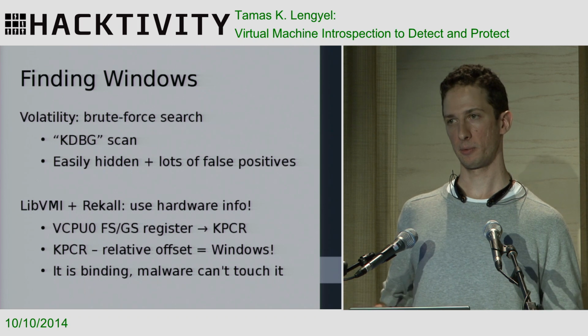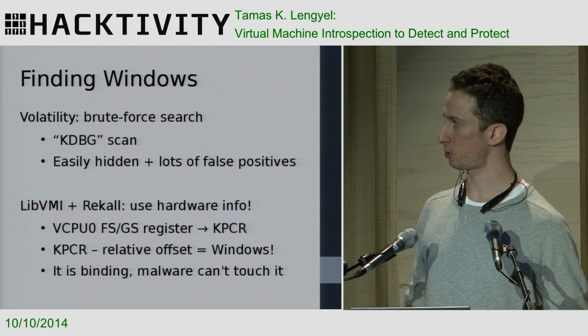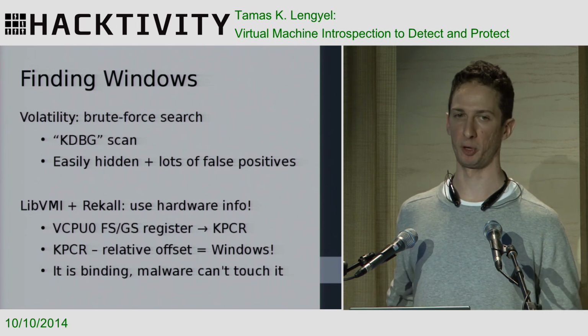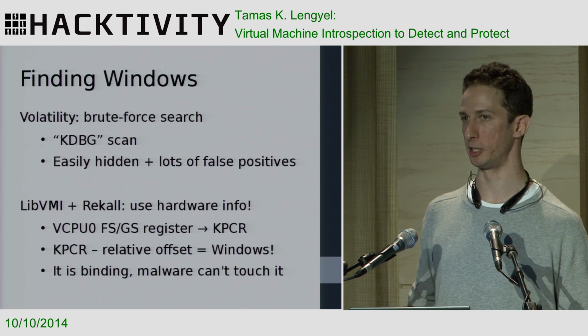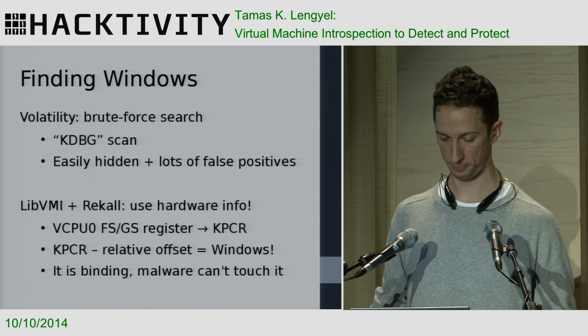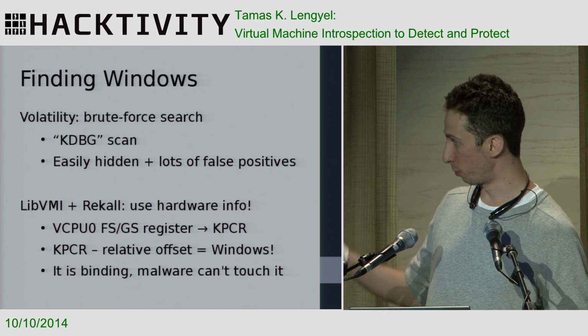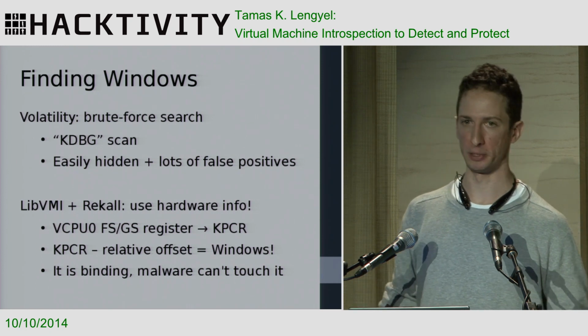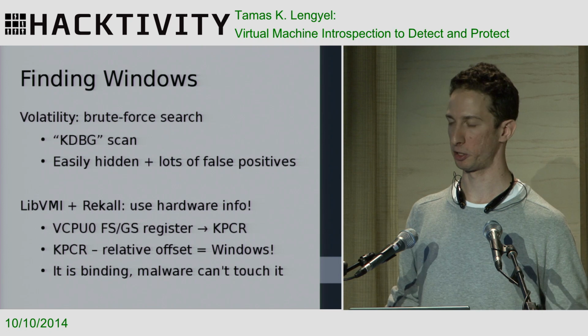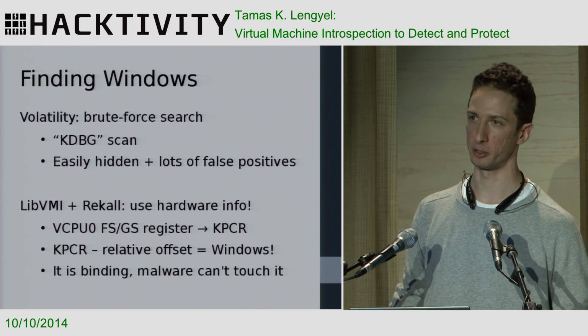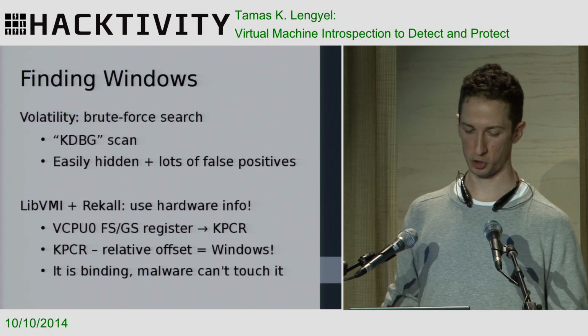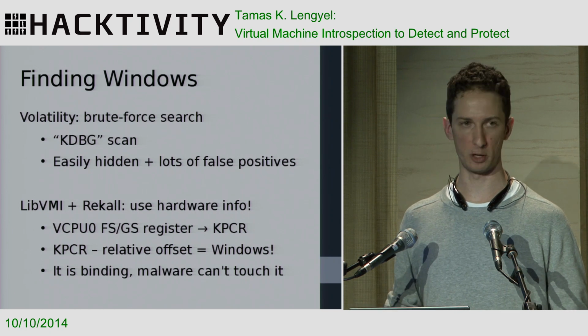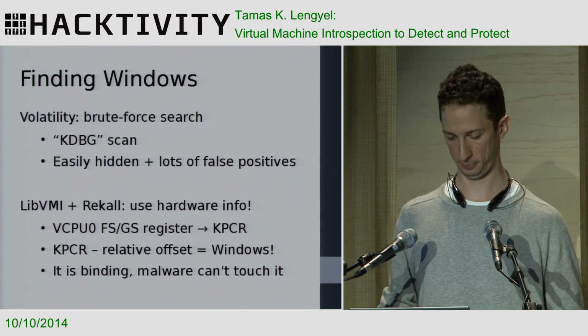So virtual machine introspection in a lot of aspects is a lot easier than forensics memory analysis because we have access to the hardware. Furthermore, this information is binding, so malware can't just relocate it, otherwise Windows will crash. So this is binding information that you can actually trust, which you can't really do with a lot of things when you only have access to the memory.